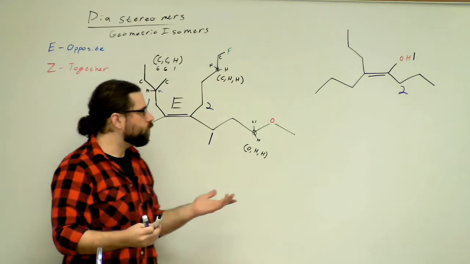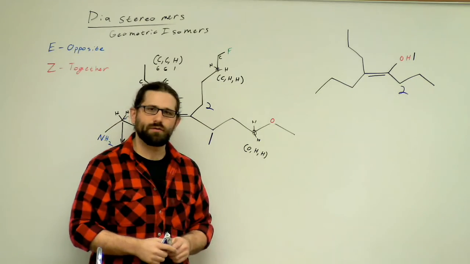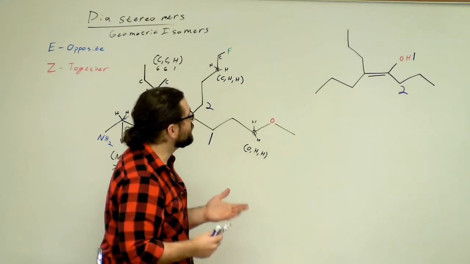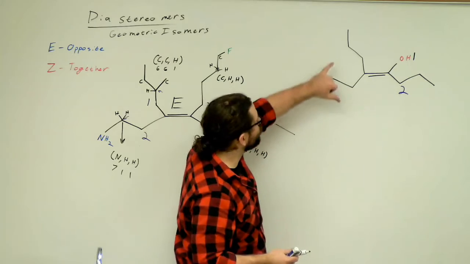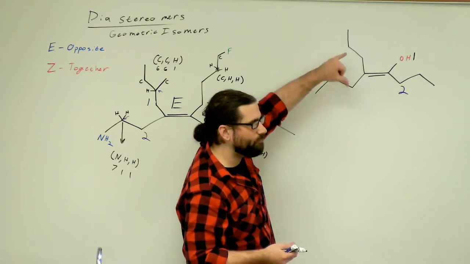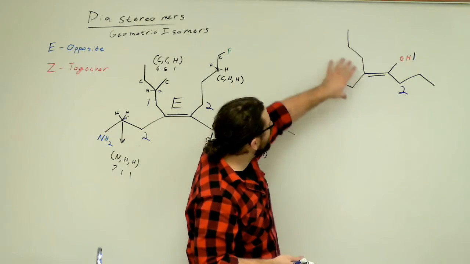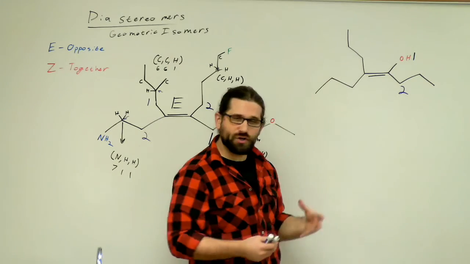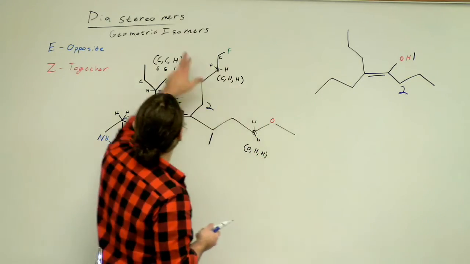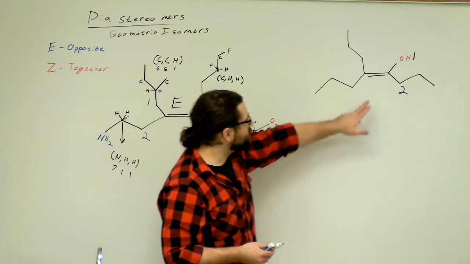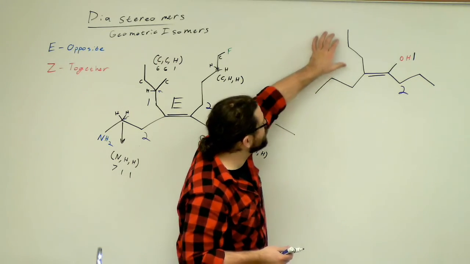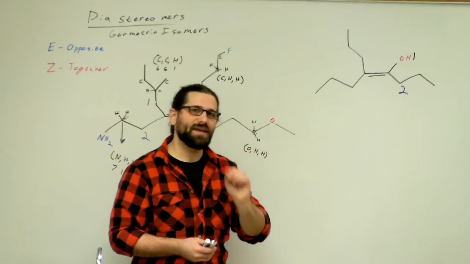So what would have the higher priority? Well, in point of fact, neither. Because this molecule, I could switch these back and forth, and I would have the same molecule. It would not change the structure, it would not change the function, it would not change the isomer. So because both of these sides are the same, this is not a geometric isomer.